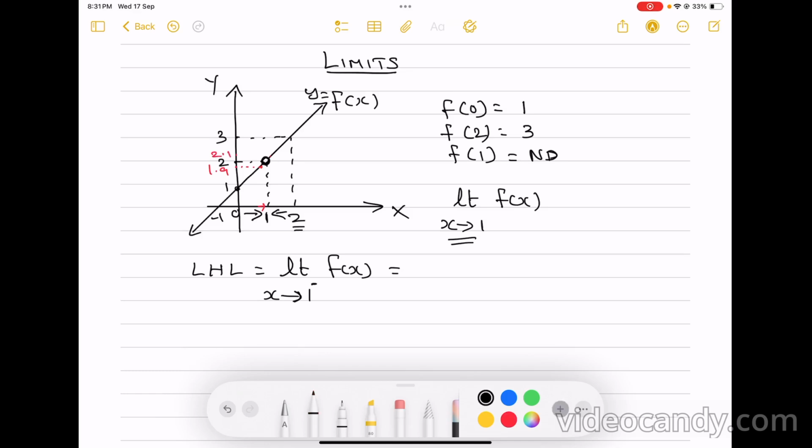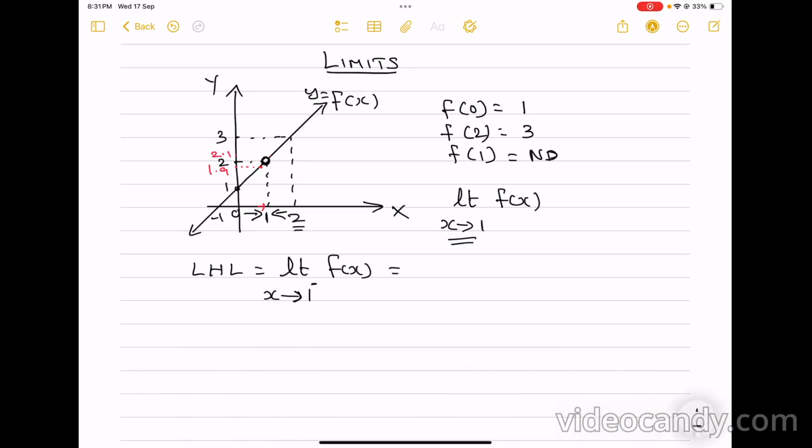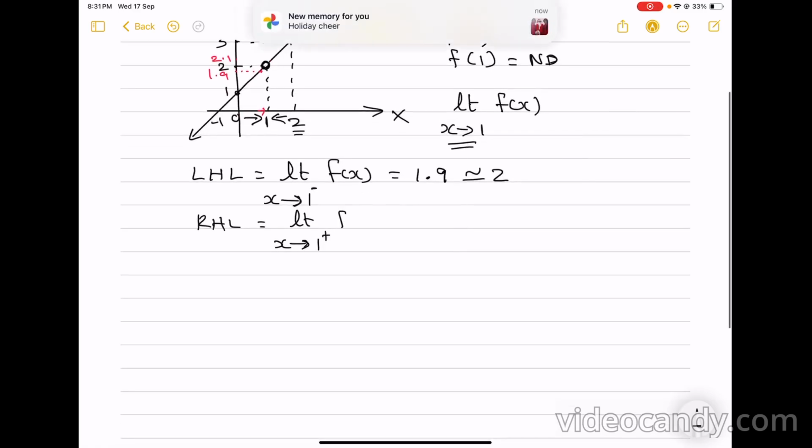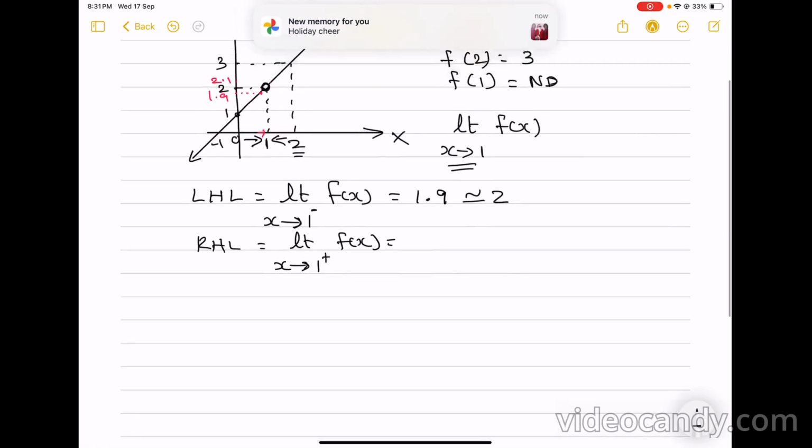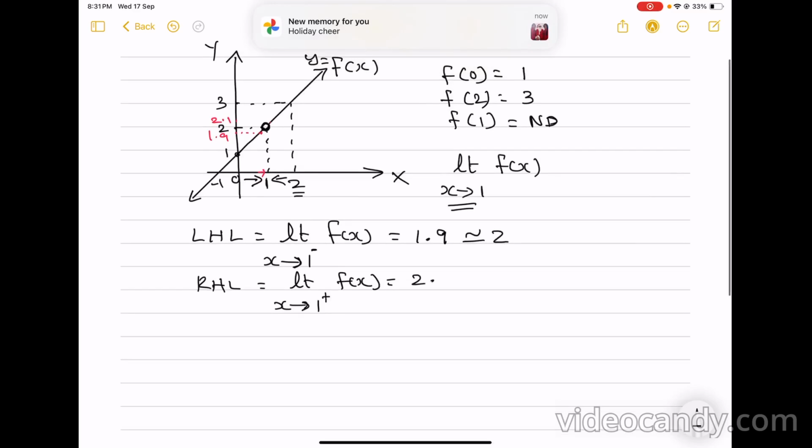So your left hand limit, when you are approaching near to 1, not at the point 1, remember, the answer you got is 1.9, that is approximately equal to 2. Now the right hand limit, limit x tends to 1 plus f of x, is equal to 2.1 from the graph, also approximately near to 2.